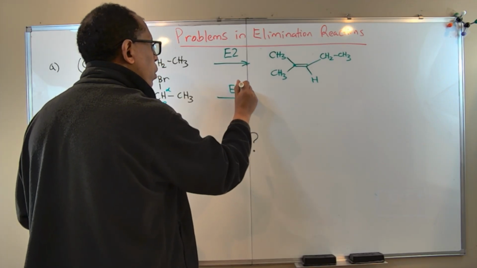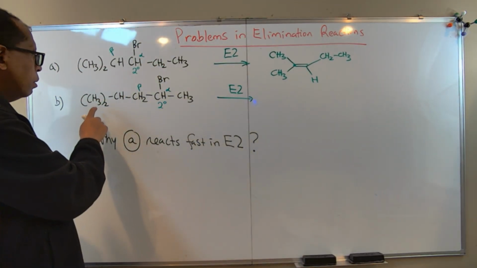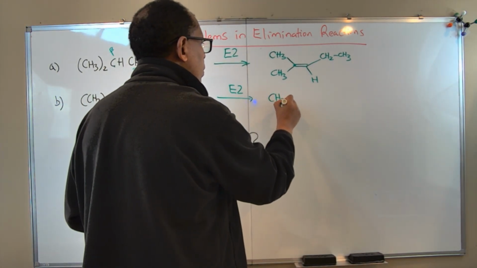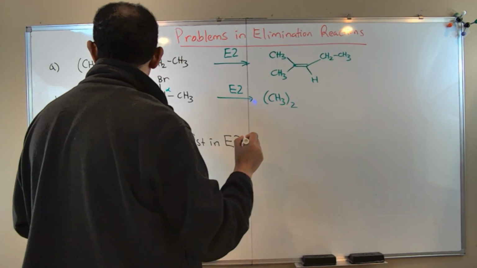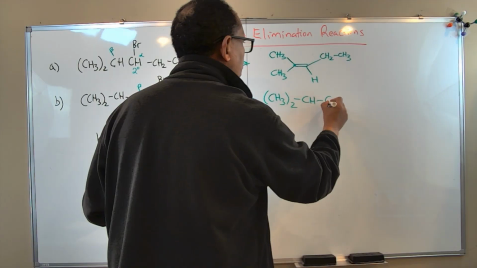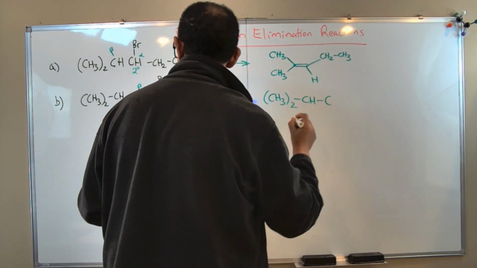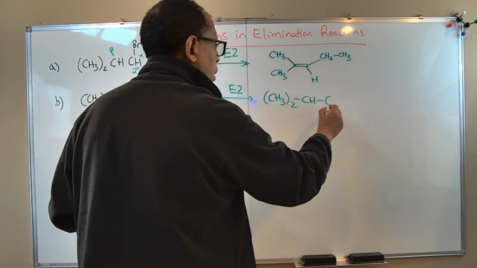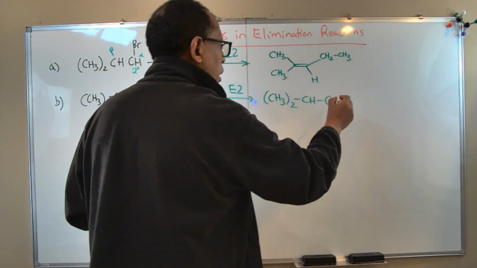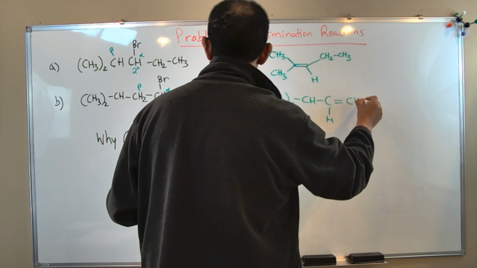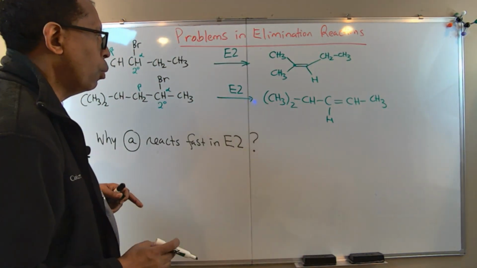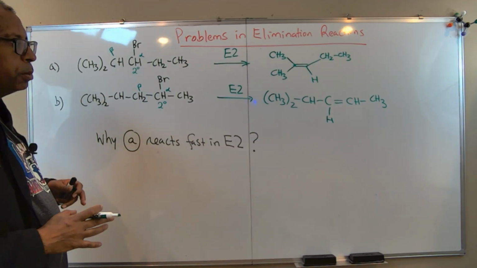In this E2 reaction, you would get from this CH3, another CH, another CH right here, double bond, and CH, CH3. This is one of the products that's possible, right?